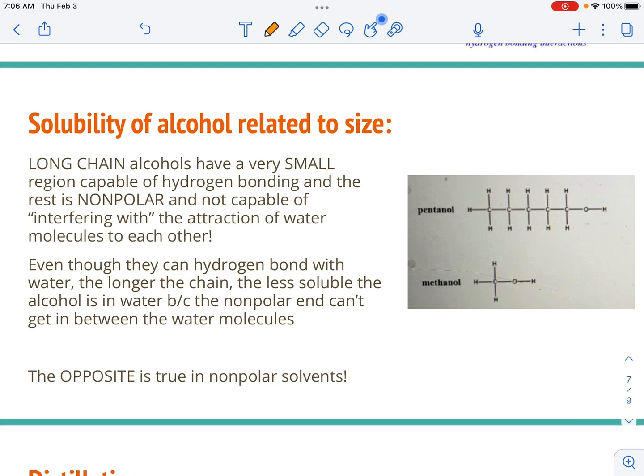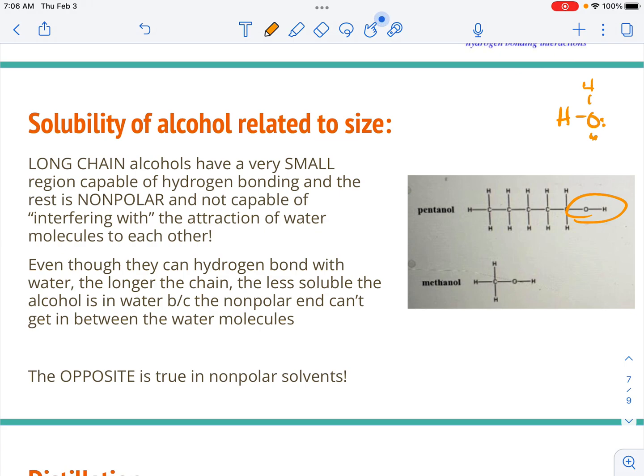I did hint at this, and I do want to talk about this. Your book spends a lot of time talking about it, and I put it in your learning targets because I think it's important for you to know that, yes, alcohols should be soluble in water because they have this, which would allow hydrogen bonding. And water, of course, has the same thing, which would allow hydrogen bonding.